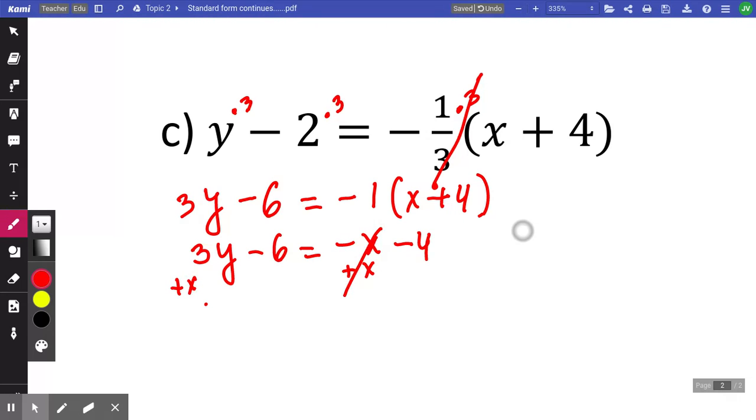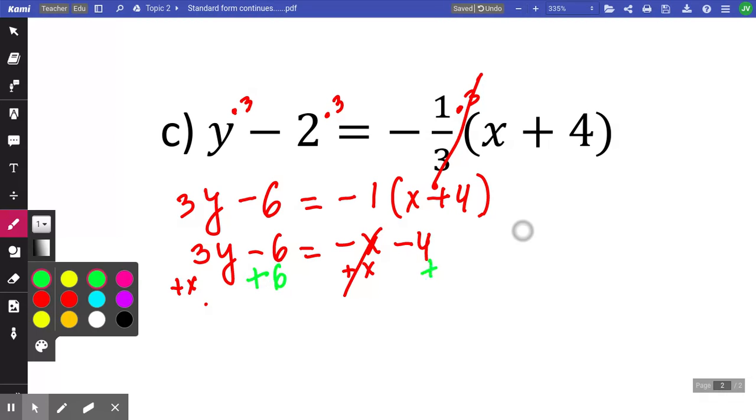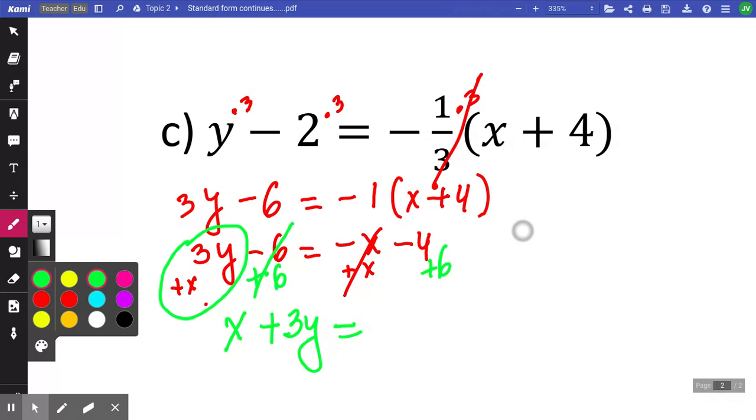At the same time, I can work with the negative 6, because that constant has to be on the right side. So if I add 6 to both sides, I have canceled this. So these are the two terms left on the left side, x plus 3y, and on the right side, I have a positive 2. And that's the final answer.